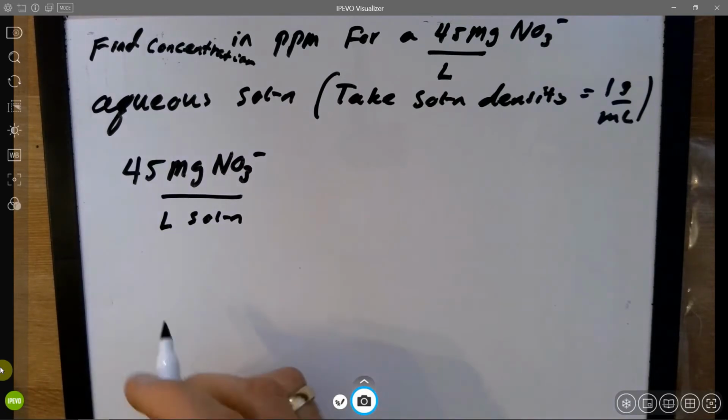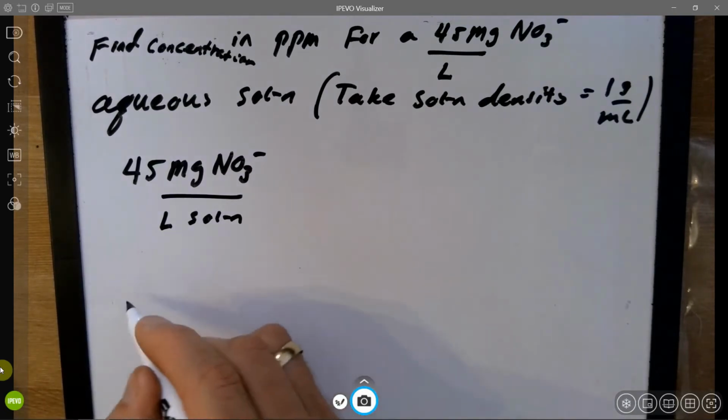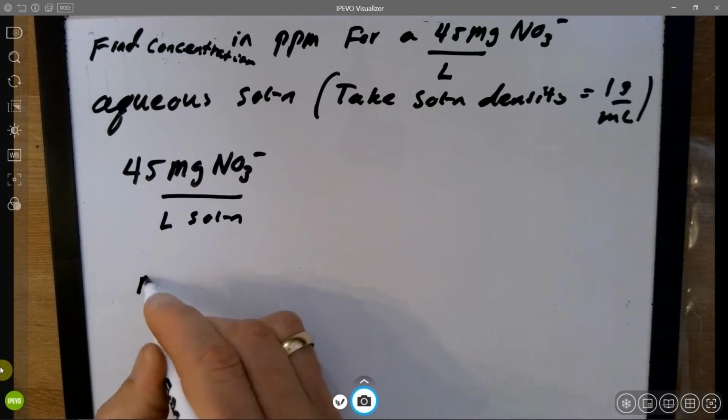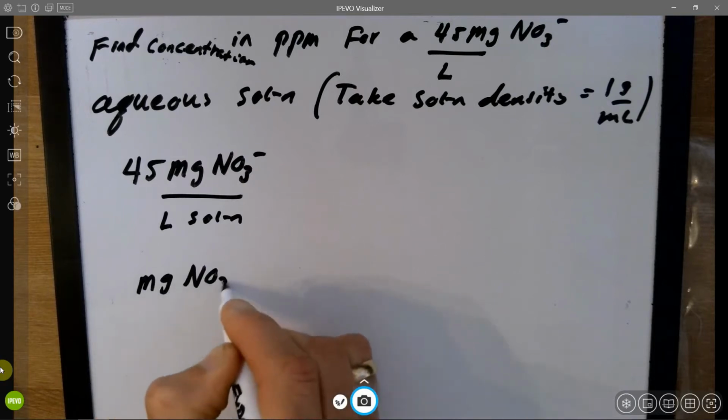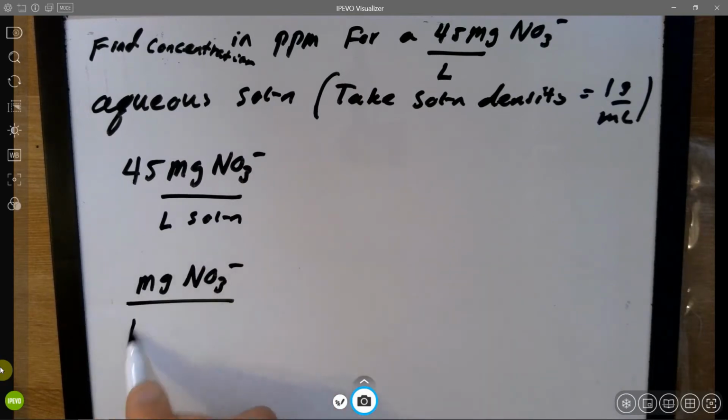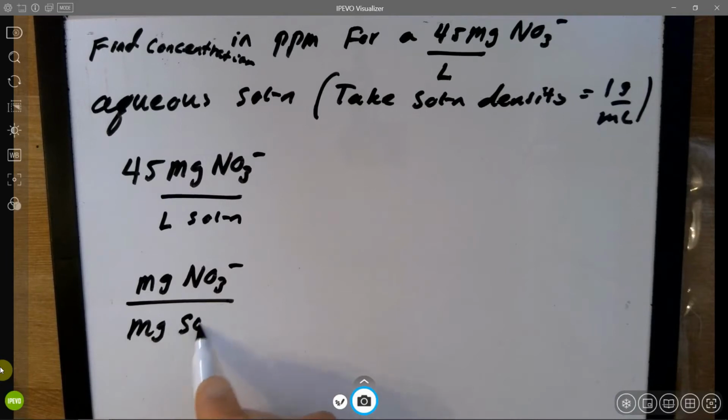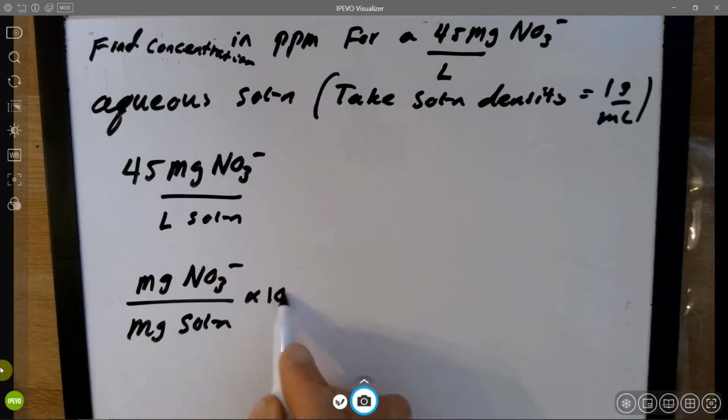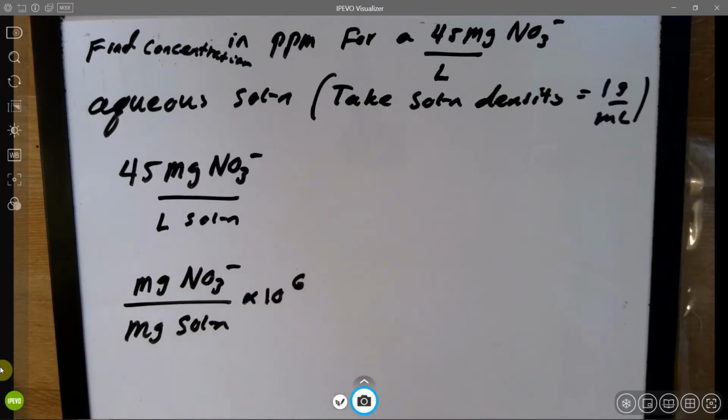So what I need is milligrams of NO3 minus divided by milligrams of solution, times 1,000,000, and that will give me parts per million. Right, because I need the units on top and bottom to be the same, in terms of mass.